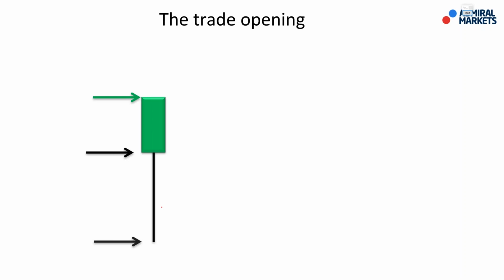You can see, and don't forget the filter system. It's the lowest low within the last 5 candles. That's really important. Not among the 5, within the last 5 candles. That's really important. So, how do we want to open the trade?